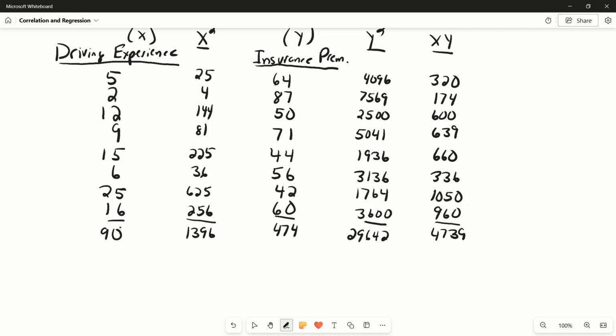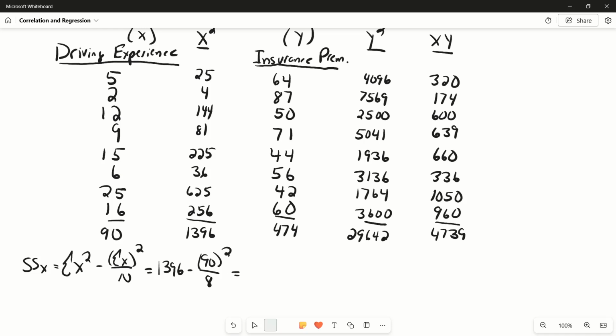So now we're going to start plugging in. So we're going to find the sum of squares of x first. That's equal to the sum of x squared minus sum of x, quantity squared, over n. We're doing the computational formula here because it's easier, we don't have to deal with decimals. Sum of x squared is 1396 minus the sum of x, which is 90 squared, over 1, 2, 3, 4, 5, 6, 7, 8.